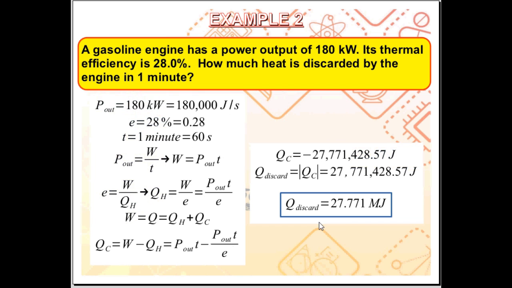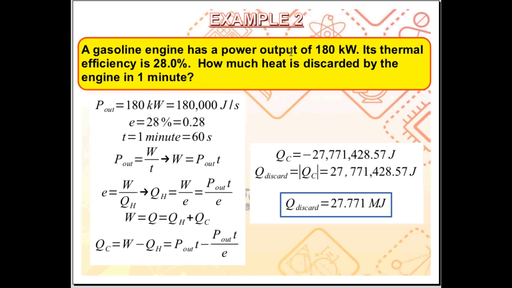Next, we have example number 2. A gasoline engine has a power output of 100 kilowatts. Its thermal efficiency is 28%. How much heat is discarded by the engine in 1 minute?